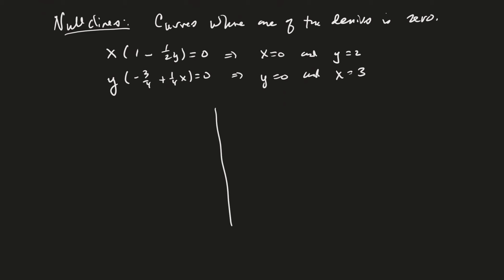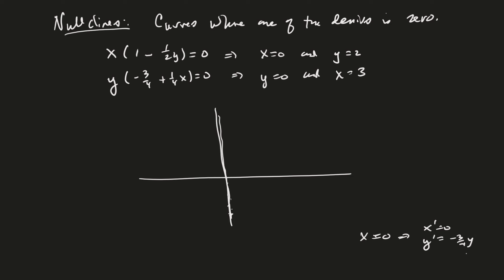Now in the xy plane, x equals 0 would be this vertical line, right? So what's happening along that vertical line? Well, if x is equal to 0, then x prime is equal to 0, and y prime is equal to minus 3/4 y. And so if we're anywhere on this line, down here for example, then x prime is equal to 0, meaning we're not moving to the left or right, we're only moving up or down.